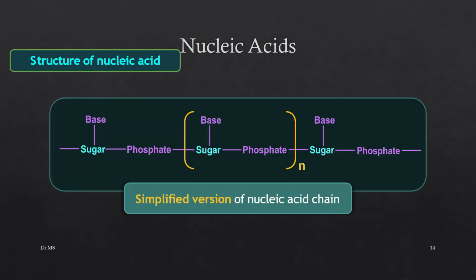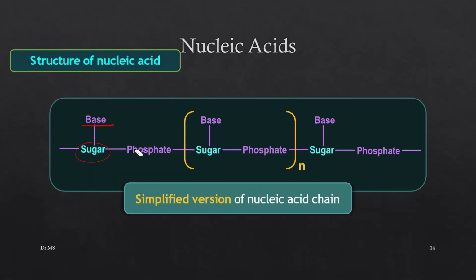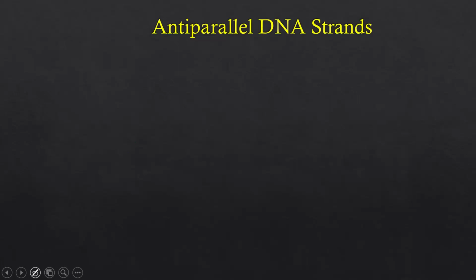You can see here how the sugar and nitrogen base are arranged. Always the bases will be inside, and the sugars and phosphate groups will be outside. So sugar and phosphate are on the outside, and bases are at the interior position. And remember a few things about the anti-parallel polarity.